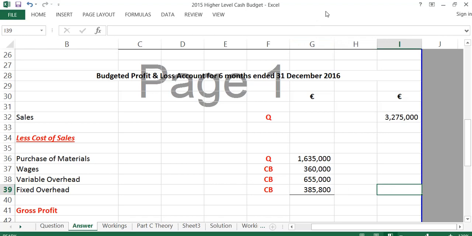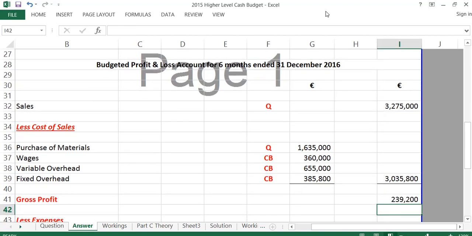So now I'm going to total the cost of sales, which gives me 3,035,800, and my sales less my cost of sales will leave me with a gross profit of 239,200.